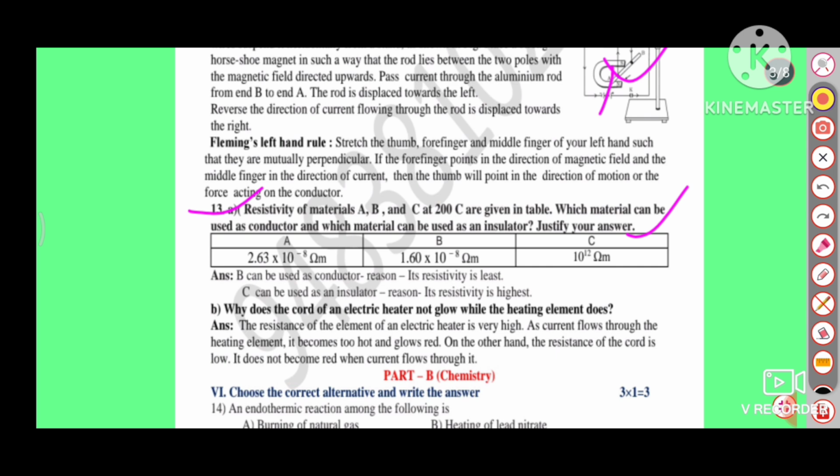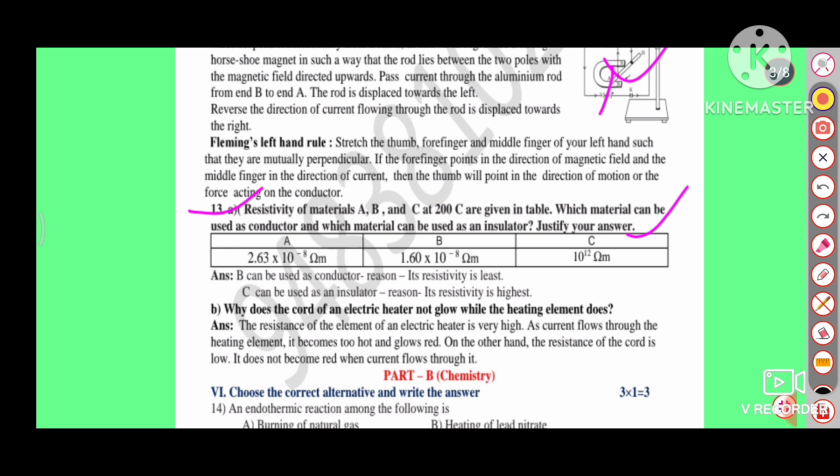Reason: its resistivity is highest. Second question: why does the cord of an electric heater not glow while the heating element does?